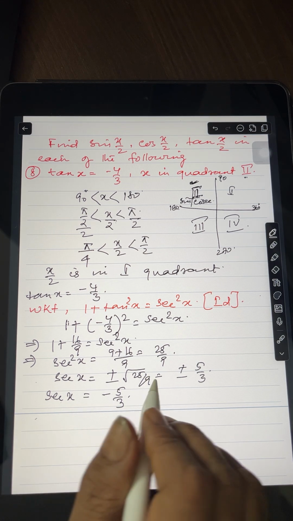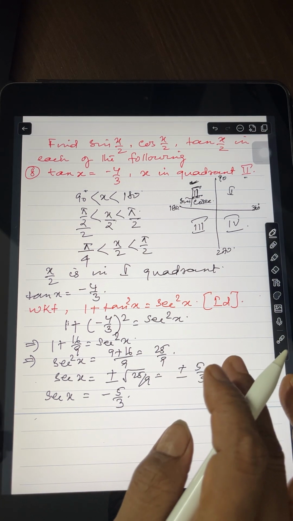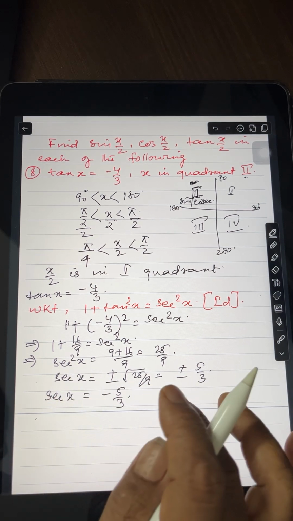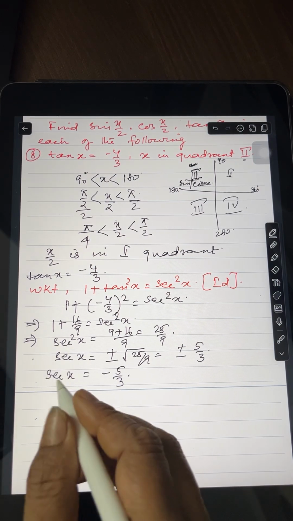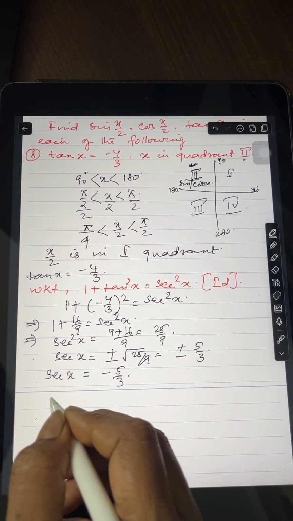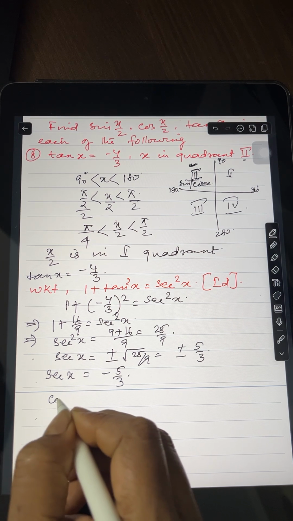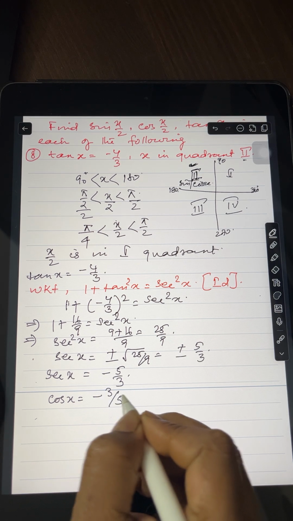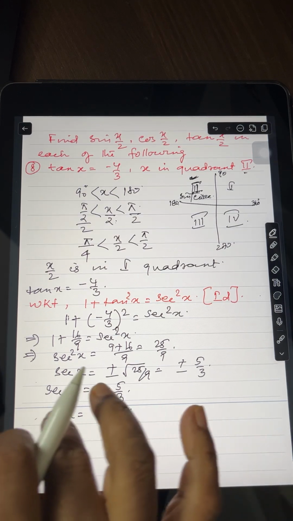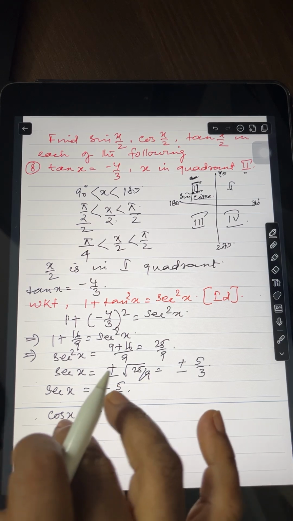Clear? Okay. Because in the second quadrant, secant theta is negative. So secant you got. Now, reciprocal of secant is what? Cos. So cos x is minus 3 by 5.